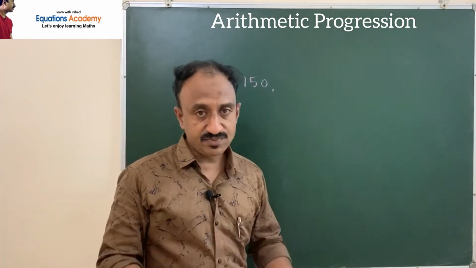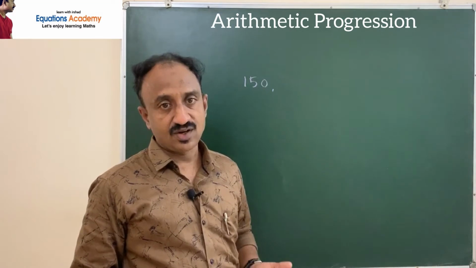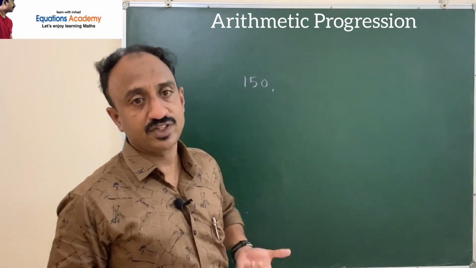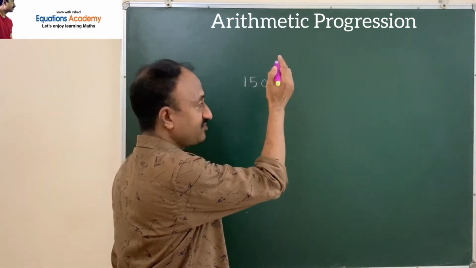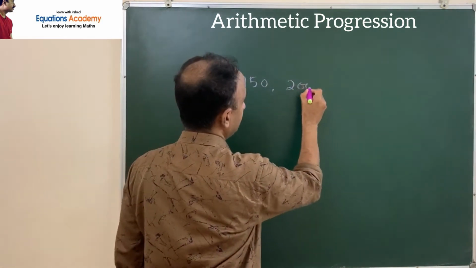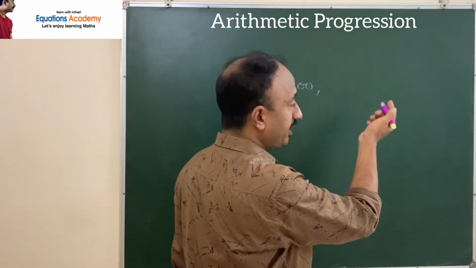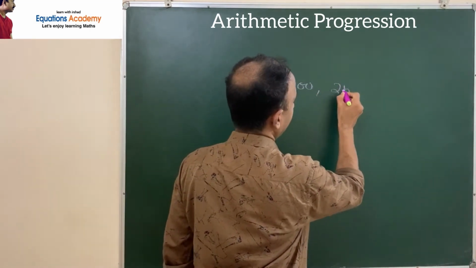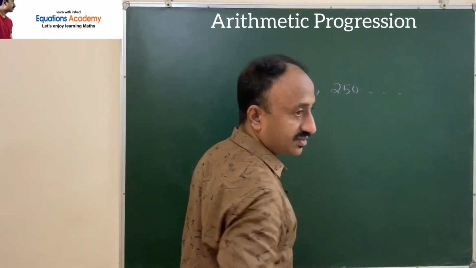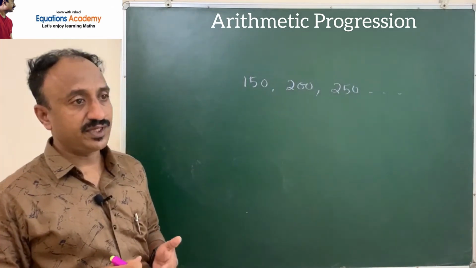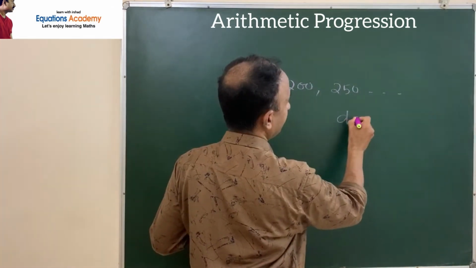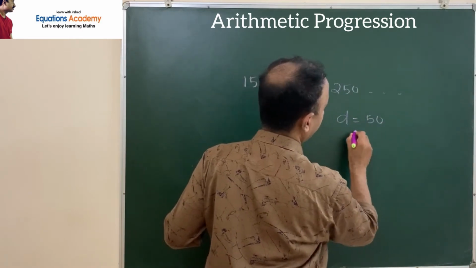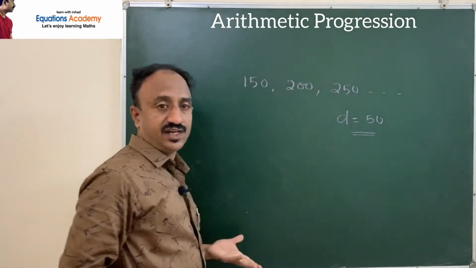Then for each next meter there will be 50 rupees increase. So next will be 150 plus 50, that is 200. Next will be 200 plus 50, it is 250, etc. So it is given in the question, there will be a fixed increment, it is 50. So our common difference here is 50. So this is an AP.